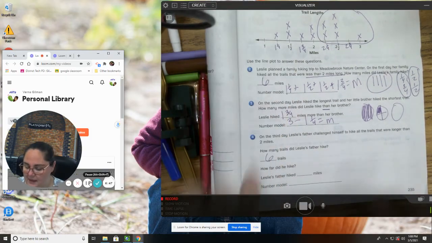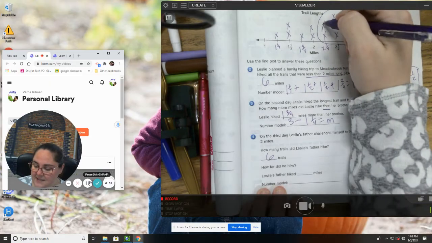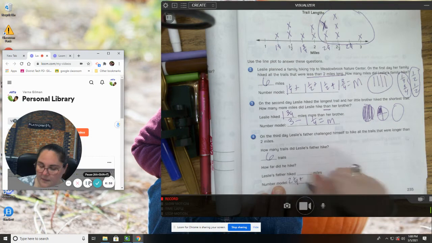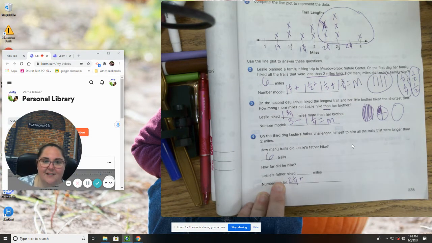Now I got to do the math because I needed to know the total and my number model. My number model, this X right here is worth 2 1/4. And I'm going to click the screen so you can see a little bit easier.